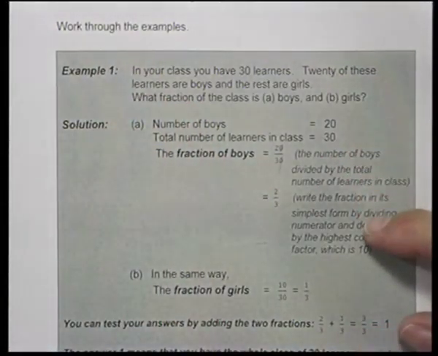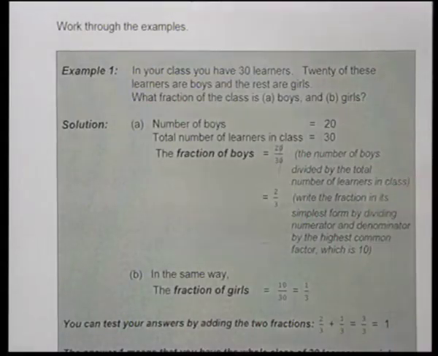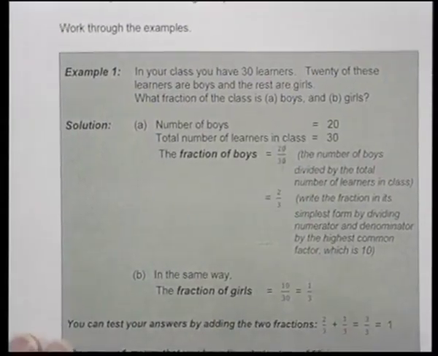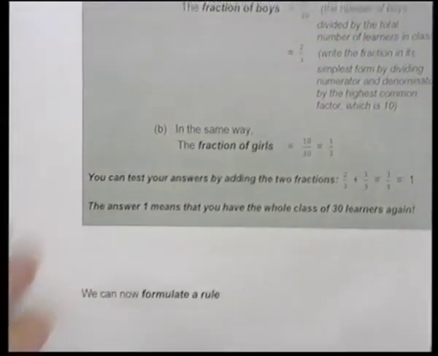Then we know there are 3/3 in a whole. 3/3 minus 2/3 will give us 1/3. So we can formulate a rule. Let's see what the rule is.